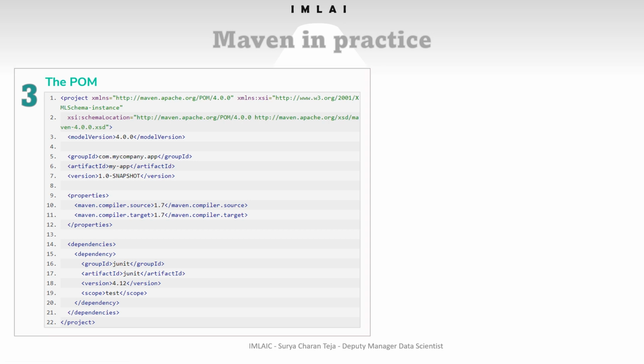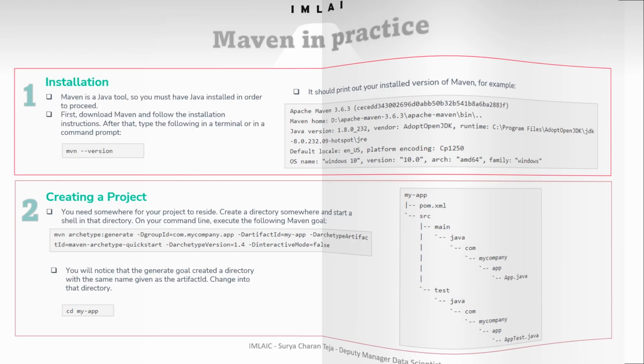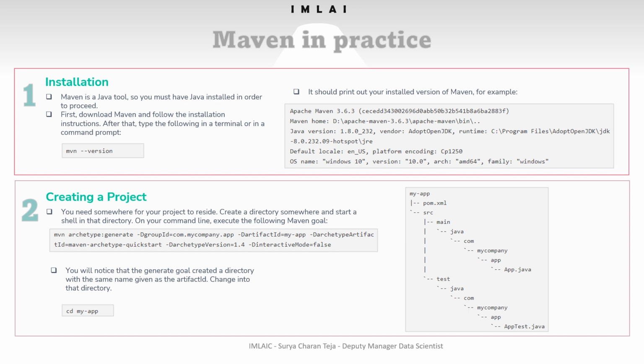What I just did in our previous slide is, let me get back to here. Here I executed the maven goal. What is my maven goal? mvn archetype:generate. That's my maven goal, and I passed in various parameters to that goal.